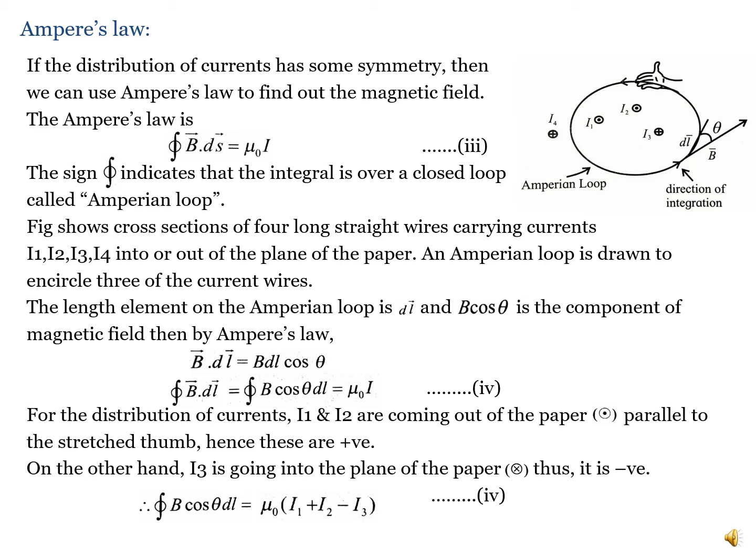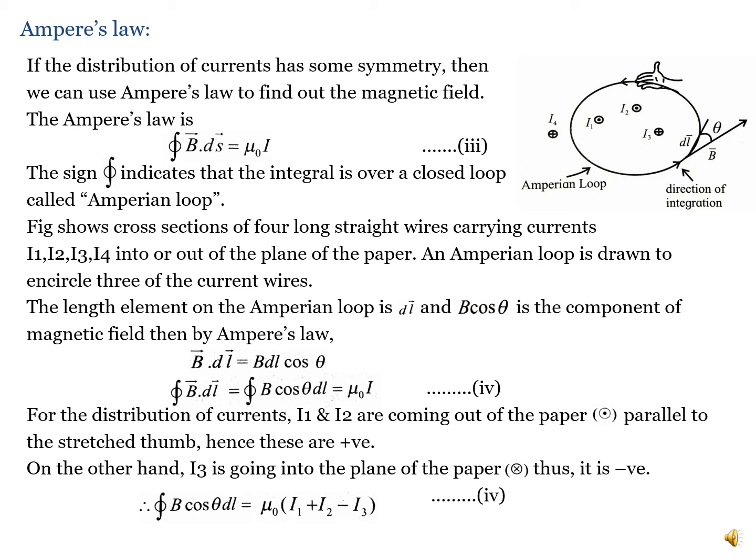An Amperian loop is drawn to encircle three of the current wires and not the fourth one. In the chapter electrostatics, you have studied that to find the electric intensity at a point outside the charged body, you have to consider a Gaussian surface.